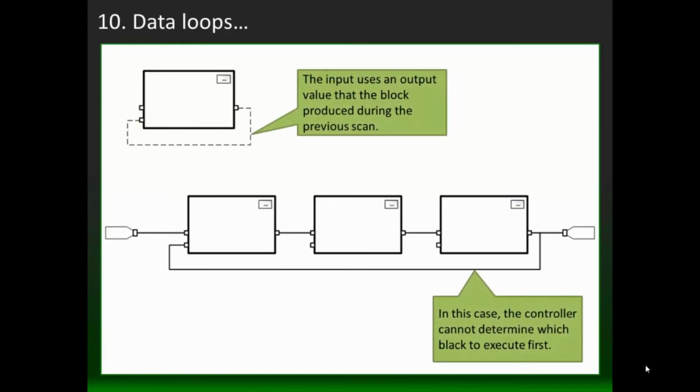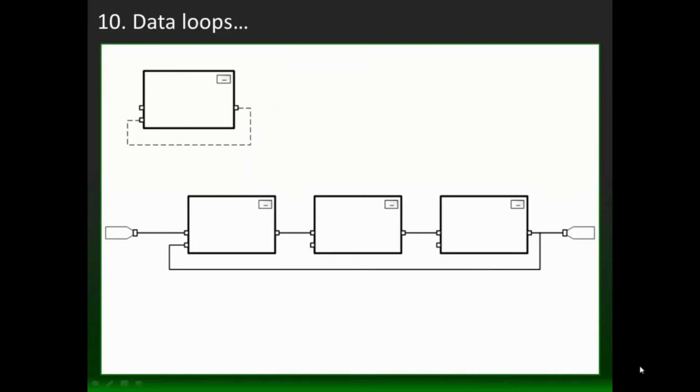Data loops. The input uses an output value that the block produced during the previous scan. In this case, the controller cannot determine which block to execute first. One of the challenges with function block diagrams, remember that these sheets execute separate from each other. All the sheets execute, and the order is not necessarily considered because of the way they execute.